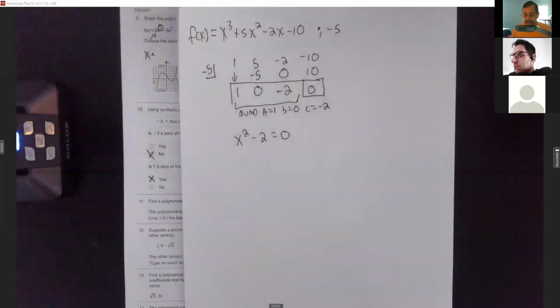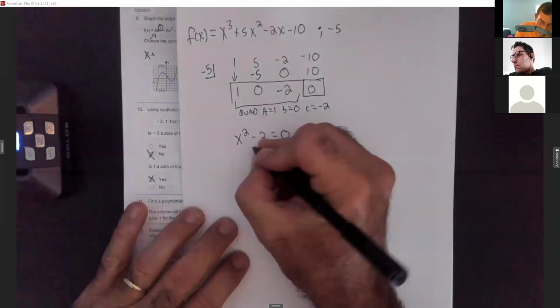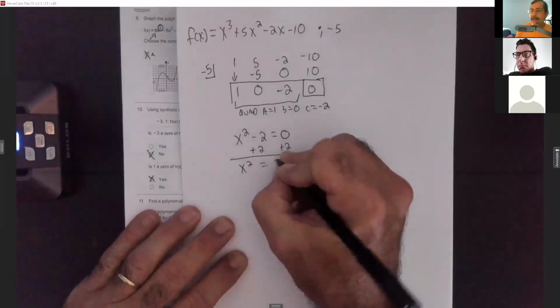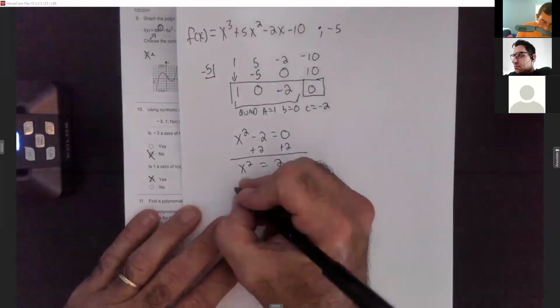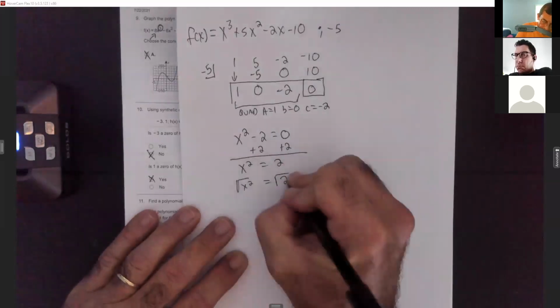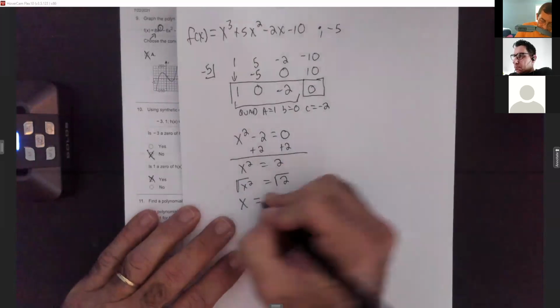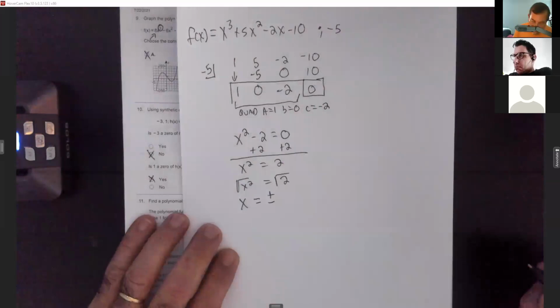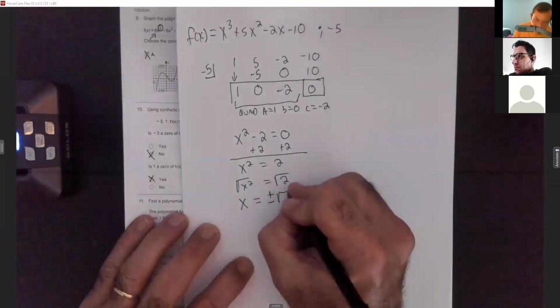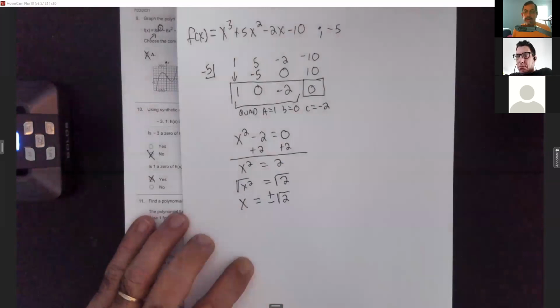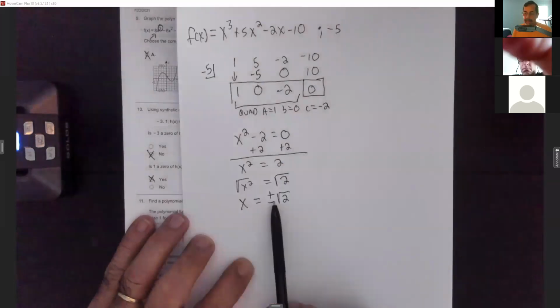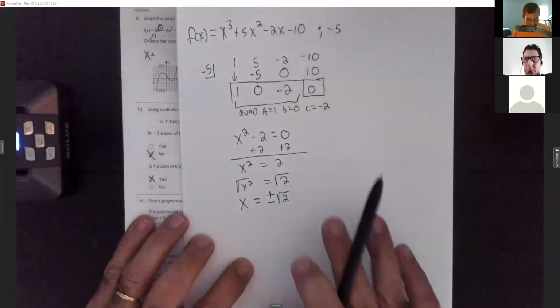So you can set it up and just solve this real quick by adding 2 to both sides and then doing the square root. So that's going to be a plus or minus since I'm taking the square roots. And y'all, we cannot break down the square root any further, so that's going to stay a square root of 2. So the first 0 they gave me, -5. The other zeros were square root of 2 and a negative square root of 2.